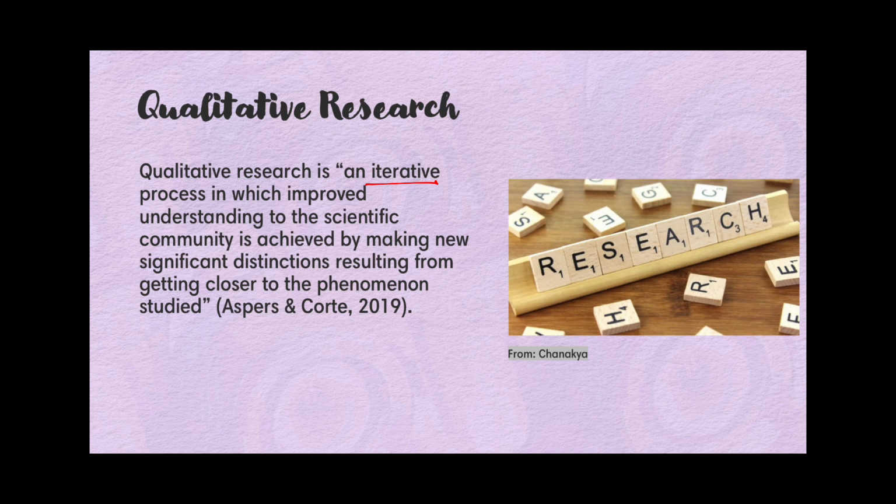To further understand this idea, let's try to divide this definition into segments. I'll start with scientific community here. It's very important that we invoke the scientific community in this definition, because for so long, decades ago, there was a pushback against qualitative research, interrogating whether it can be considered scientific.